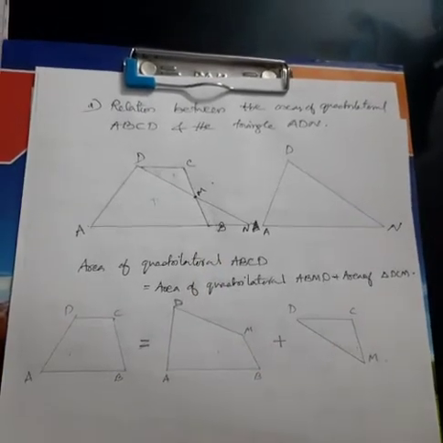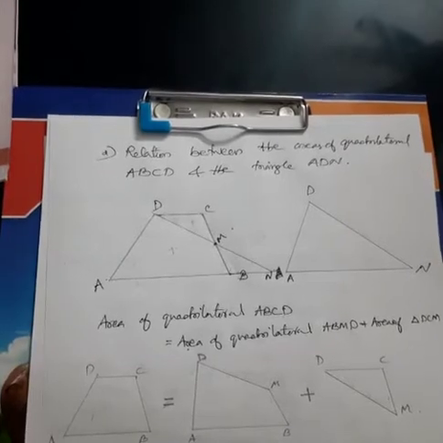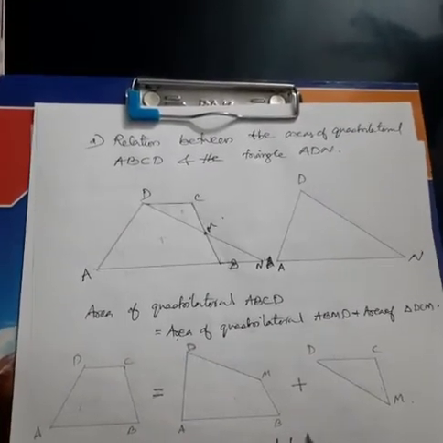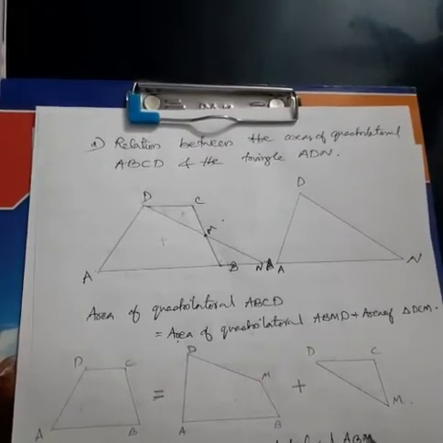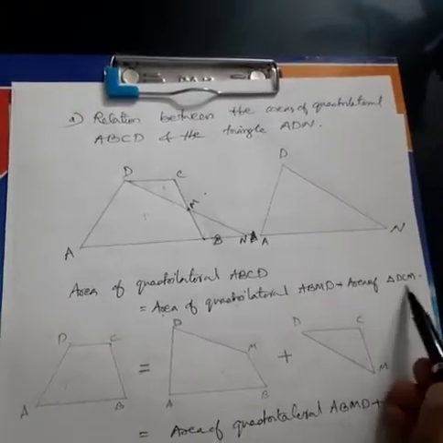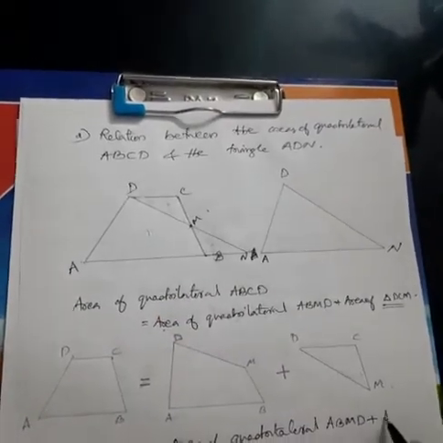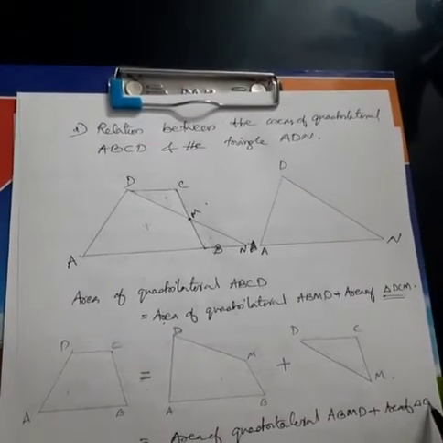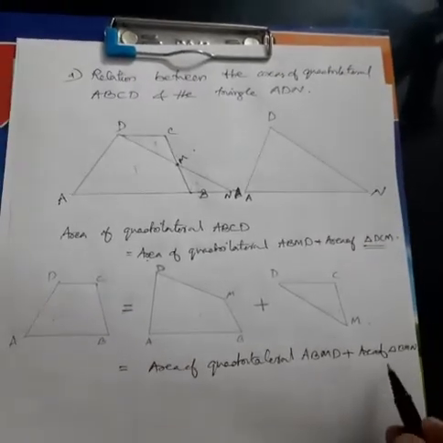So the area of quadrilateral ABMD plus, instead of DCM, we can write which triangle? This triangle, area of triangle BMN.